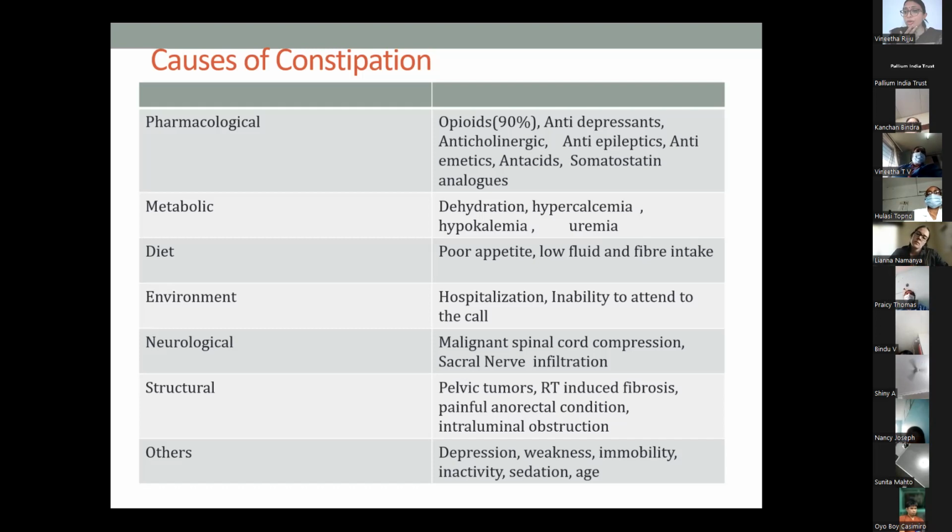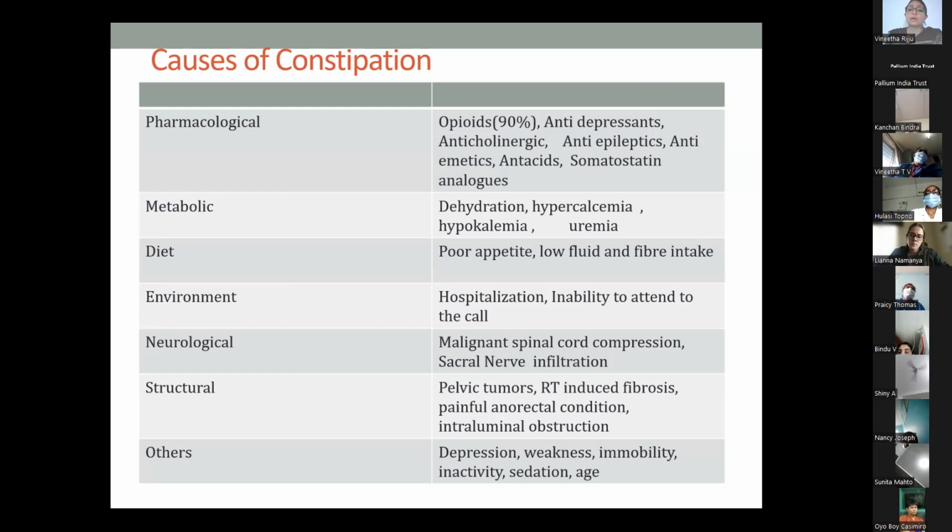So will you call him constipated just for that reason? It is because of the hospitalization, because of the environmental conditions, which has triggered constipation in him. Okay. So there is also the issue of inability to attend to the call. There are no bystanders in the house to take him to the washroom. All this can also lead to prolonged constipation.